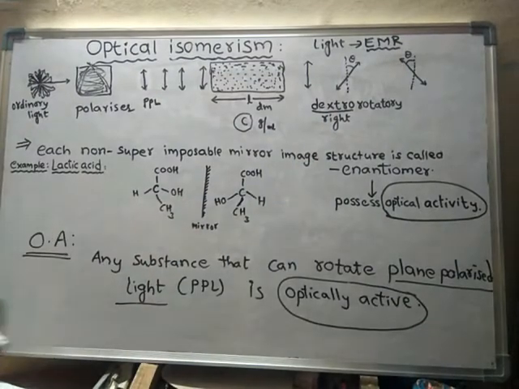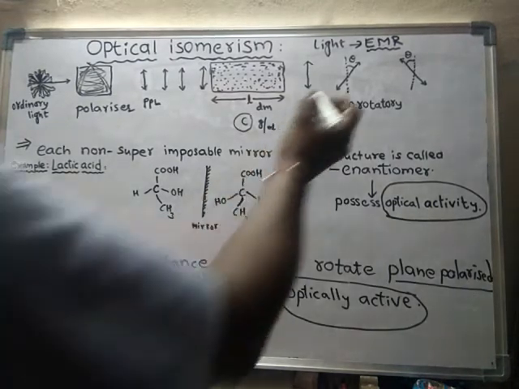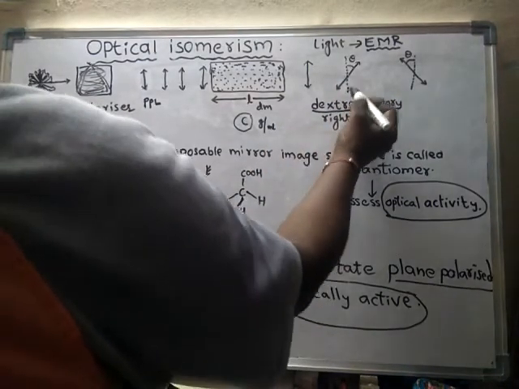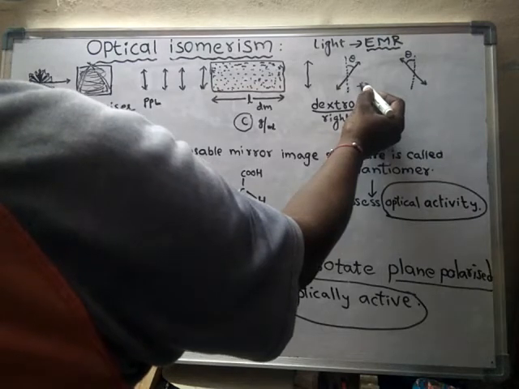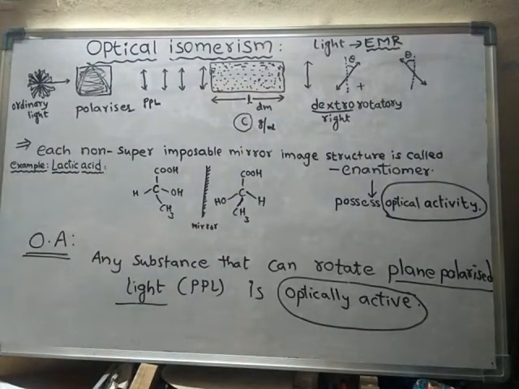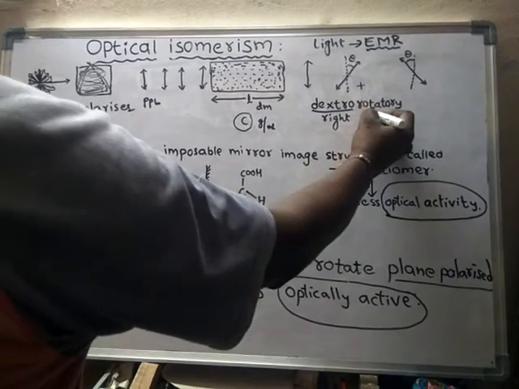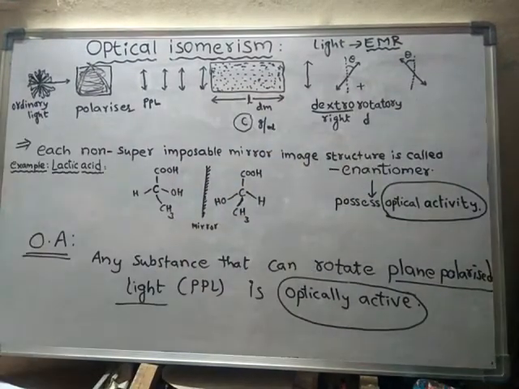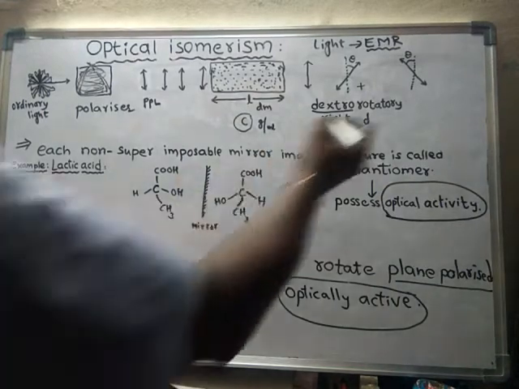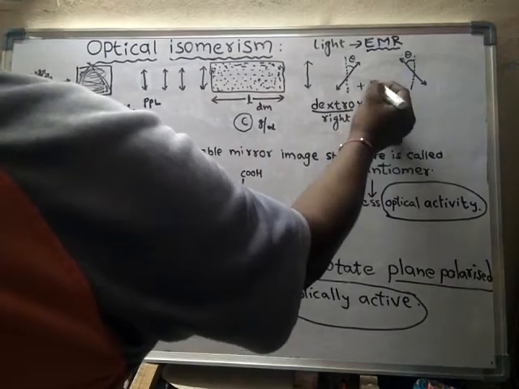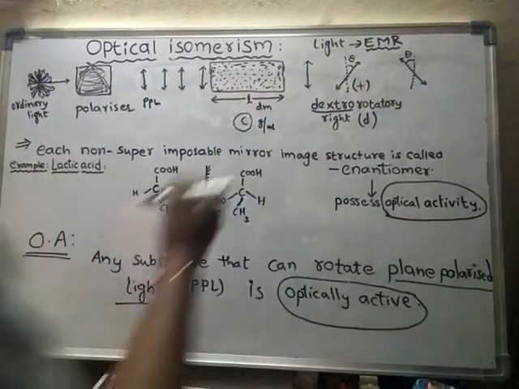Dexter means right. So dextrorotatory is denoted with a positive sign, or with a small d, or with a plus sign kept in brackets.